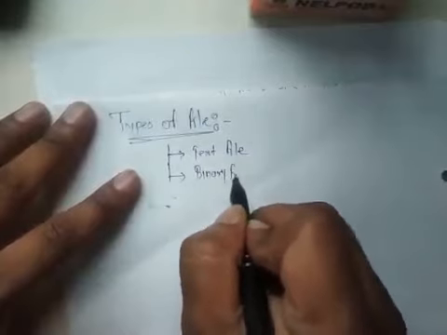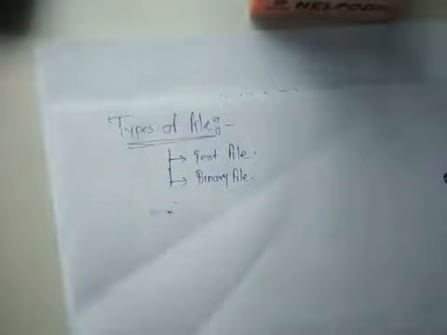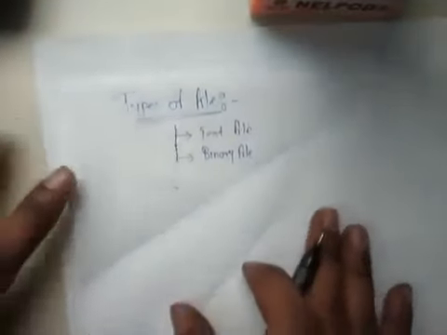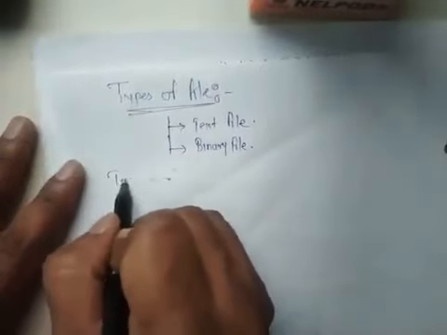So these are the two basic types of file. Let's see the first type, that is the text file.